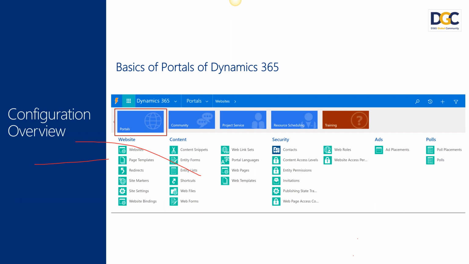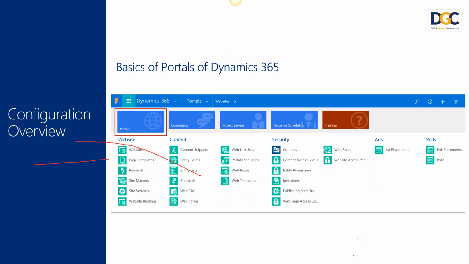And then I'm going to talk about the web pages. A web page is basically a particular URL. For example, www.unilink.com. So web pages represent a particular URL in a Dynamics 365 portal website, and it is one of the core entities, I would say, for Dynamics 365 portals, from a CMS, content management system, point of view.